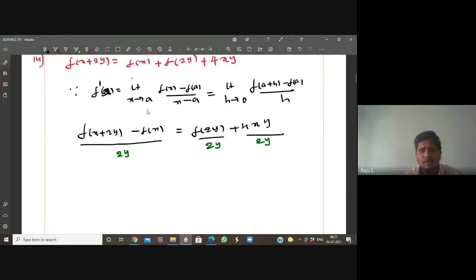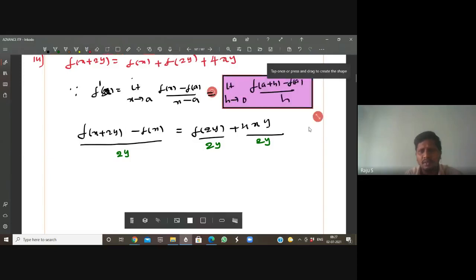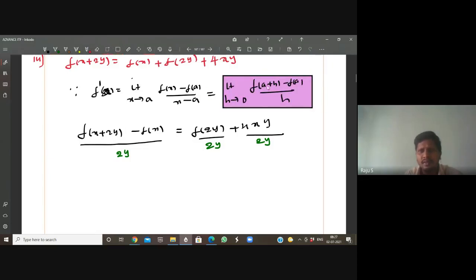Why do we want to divide by 2y? See, if you observe the second formula here, limit f of a plus h minus f of a by h, what do you observe? It is in the form of f of a plus h minus f of a by h.